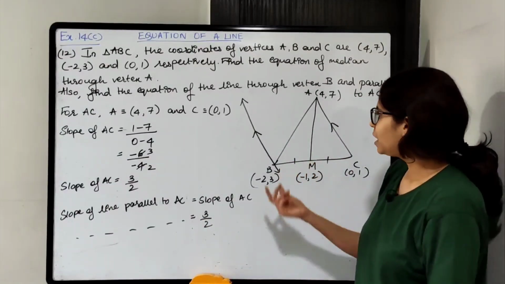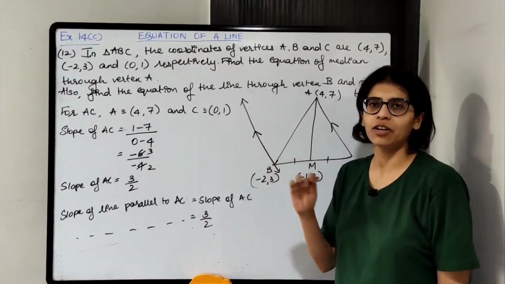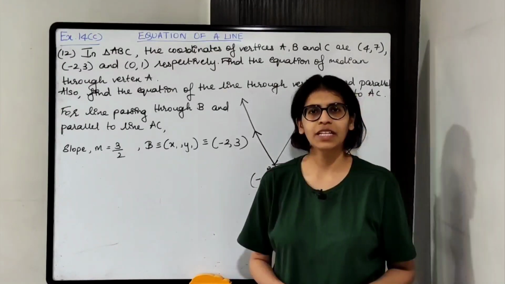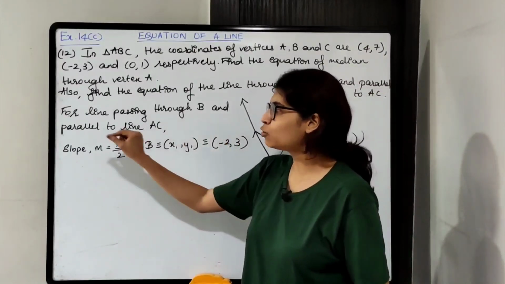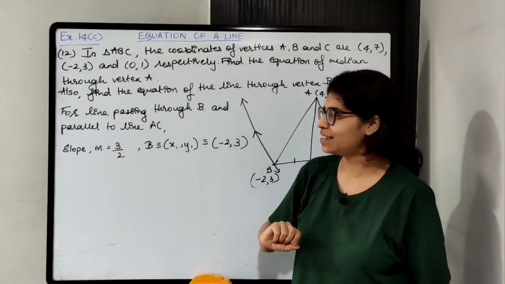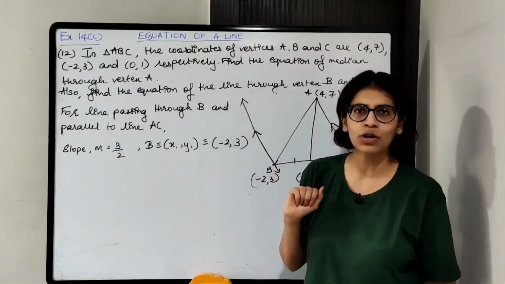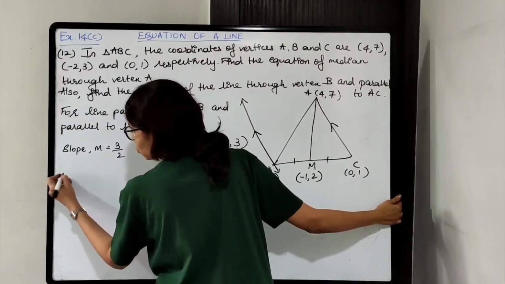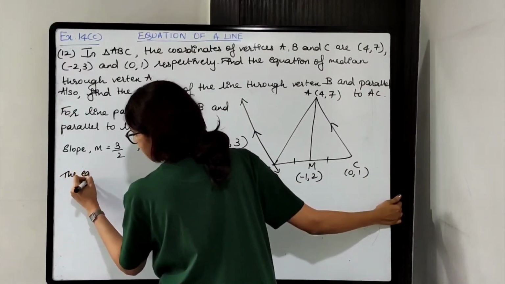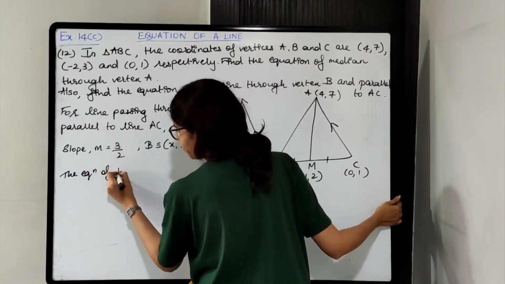Now we have the slope, we know one point ka coordinates, so we can easily find out the equation of this line. So for the line we have enough data now. For the line passing through B and parallel to the line AC, slope we just found and B ka coordinates already pata hai. So the equation of the line, no short forms, okay, you have to write down full word.